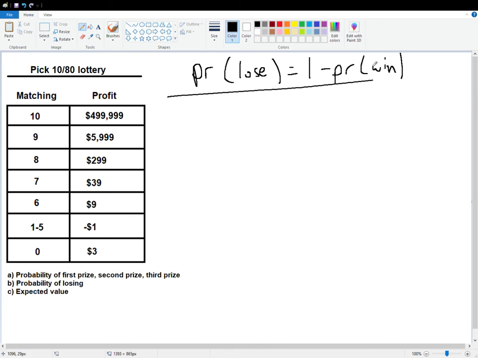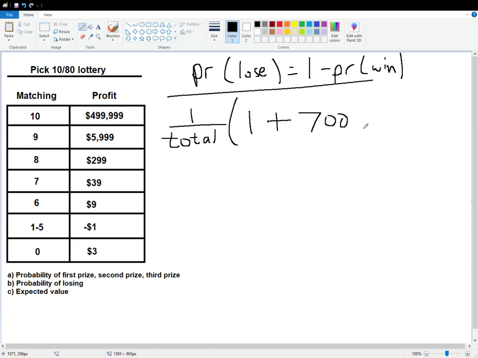Now, the probability of winning is going to be 1 over the total. We know the total is going to be 1.646 times 10 to the 12th, but it'll just be easier to write it like this. I'm going to multiply it by 1 over the total, so all of the numerators of the probability of winnings, right? So all of our winnings.